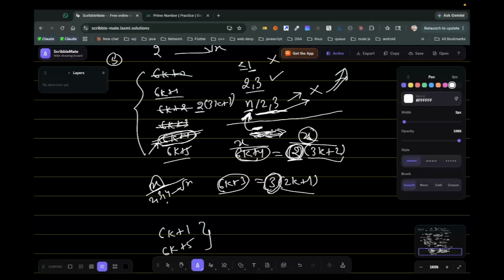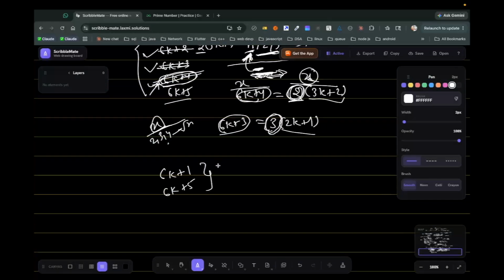But if we are at this point, n is not divisible by 2 and 3, which means these numbers are of no use. We don't have to check for these numbers. We are left with only terms of the forms 6k plus 1 and 6k plus 5. They might divide number x. We are not sure, so we have to check for those numbers, right?